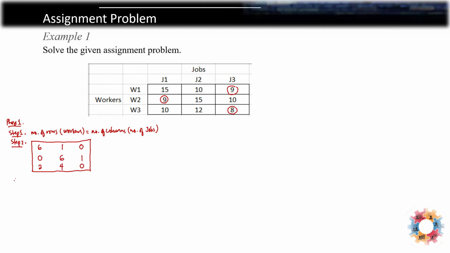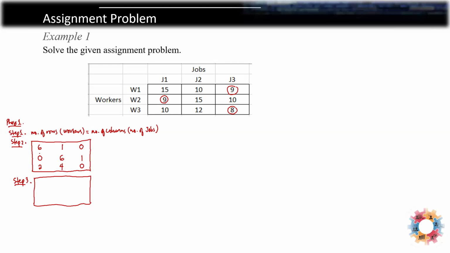Now, step number 3, we're still in phase 1. Step number 3 is column reduction. From the table obtained using step number 2, we now apply the column reduction.